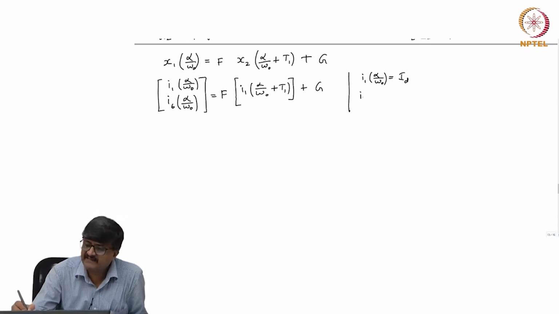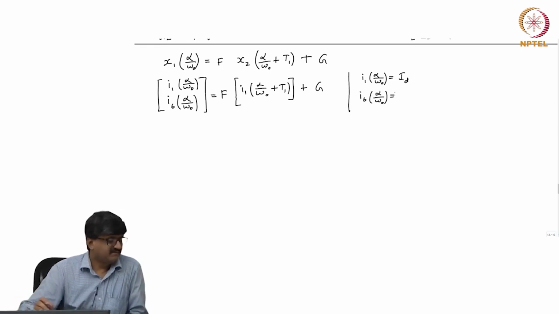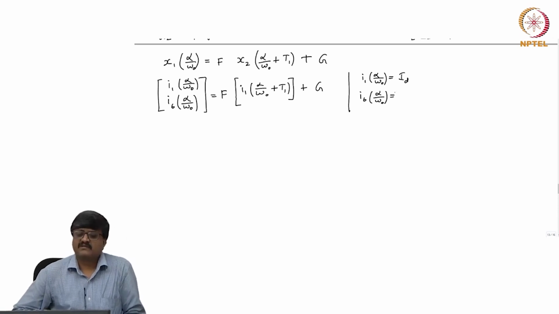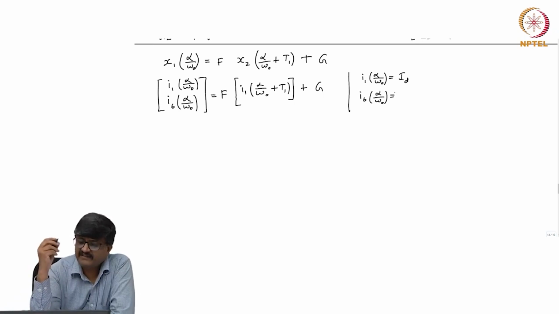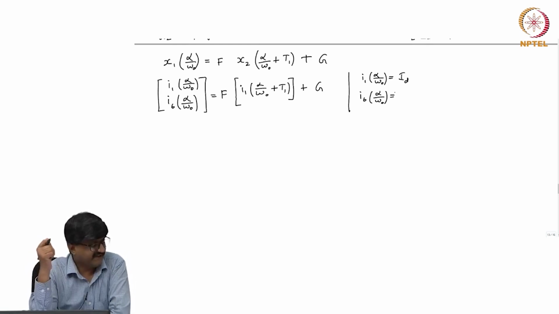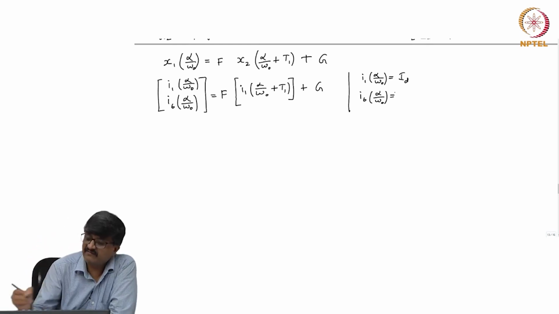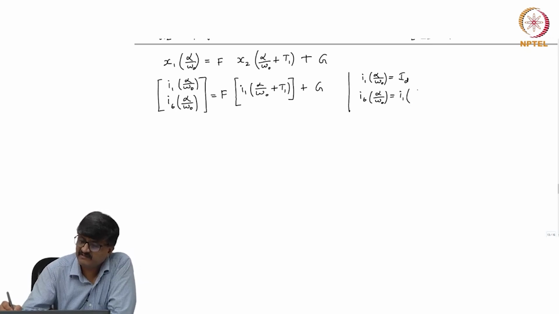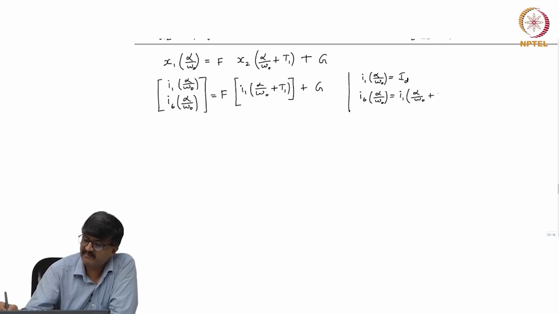Now, if I take I6 at alpha by omega o, I can relate I6 and I1. Whatever happens to I6 happens to I1 after 60 degrees, which is the uppercase T with a subscript 1. So, I6 at alpha by omega o is nothing but I1 at alpha by omega o plus T1.